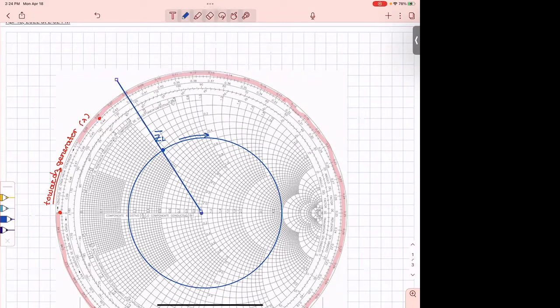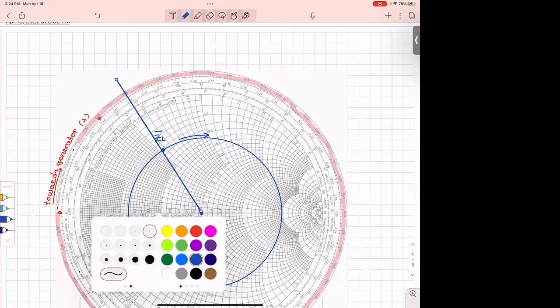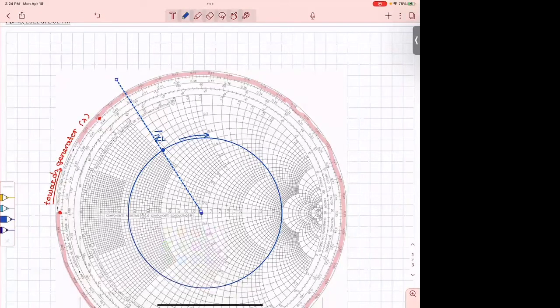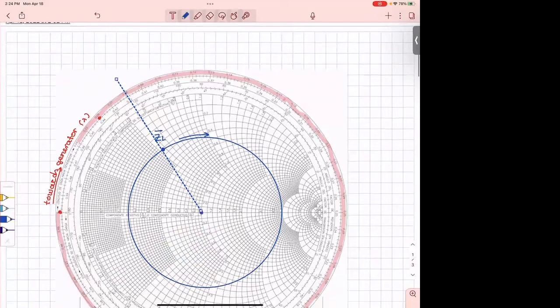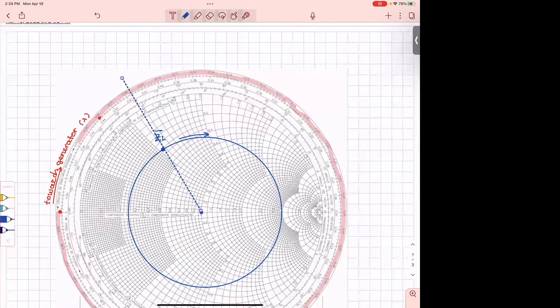Okay, and so we don't have too many lines, I do it like that. And then I read here in the outer circle.